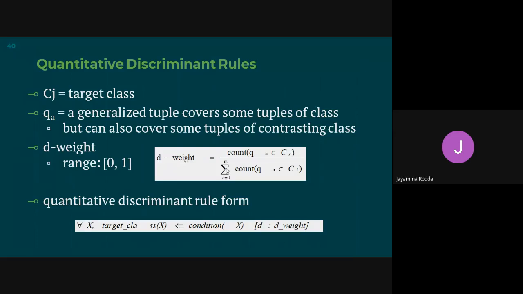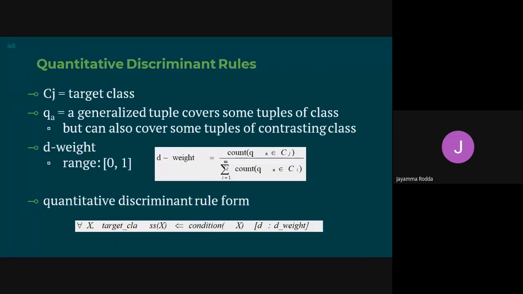So we are going to identify the number of tuples from the target class divided by the number of tuples belonging to both the target and contrasting classes. This M includes both classes, target and contrasting.